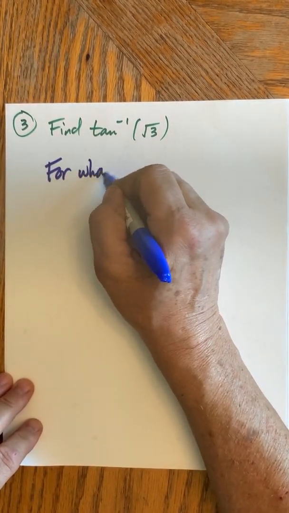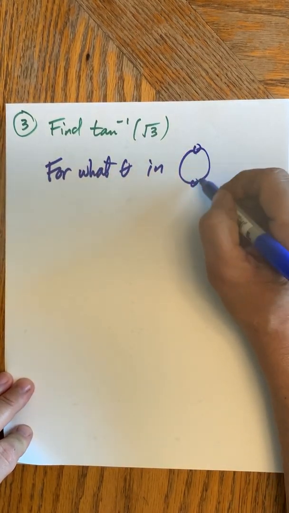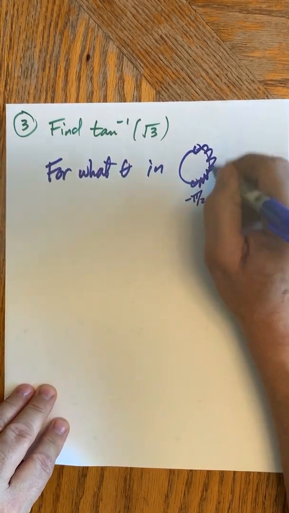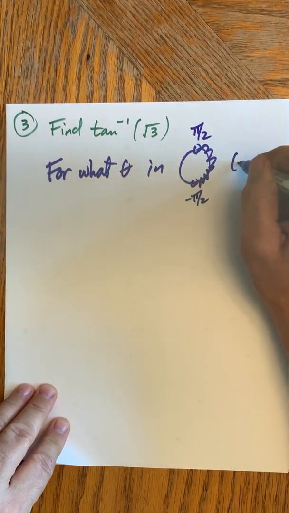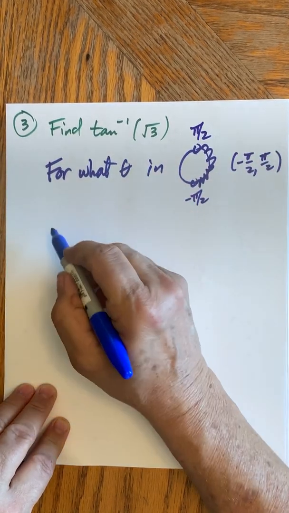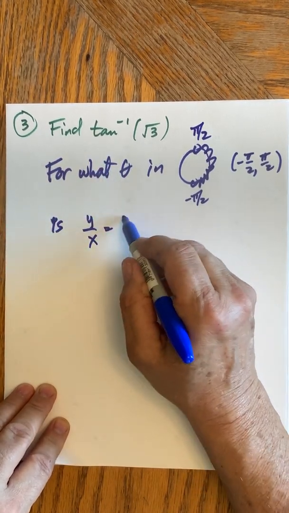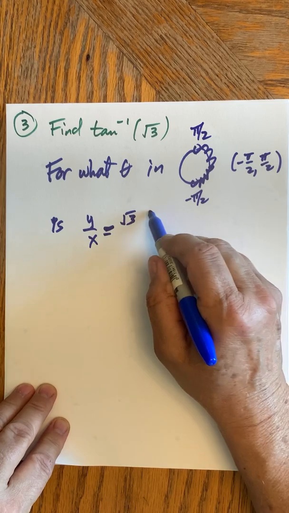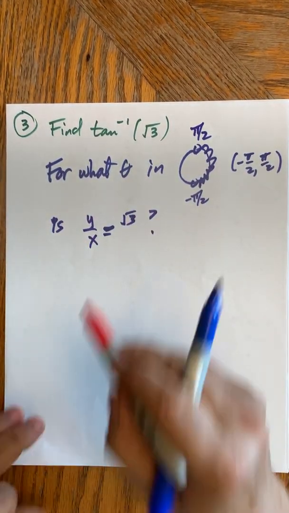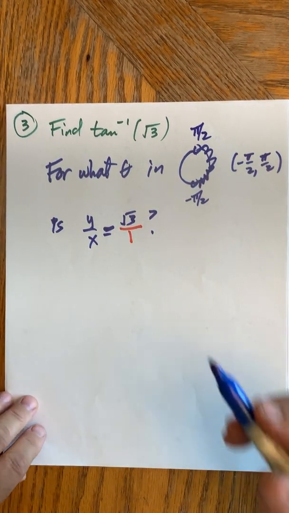For what angle in, and I like to draw the picture because it really reinforces things, in -pi/2 to pi/2, but not included, is the ratio, because it's tangent, it's y over x, equal to square root 3? Now, technically, the ratio has two numbers, so you could always put this number over 1. You can always put a number over 1, it doesn't change anything.